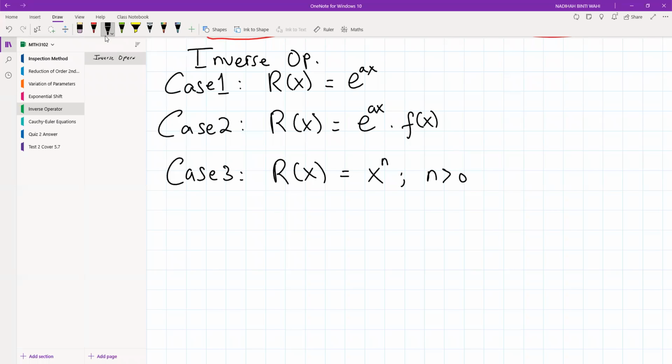Okay, y particular sama dengan e to the ax, fx darab dengan apa? Bahagi dengan ini yang ni minggu lepas.